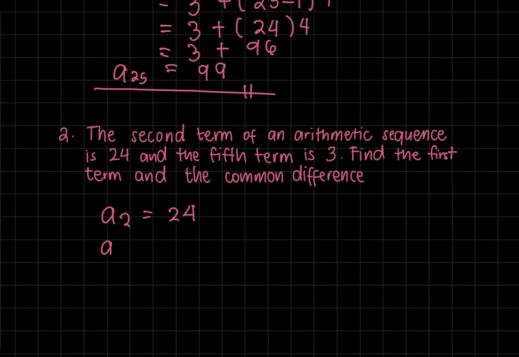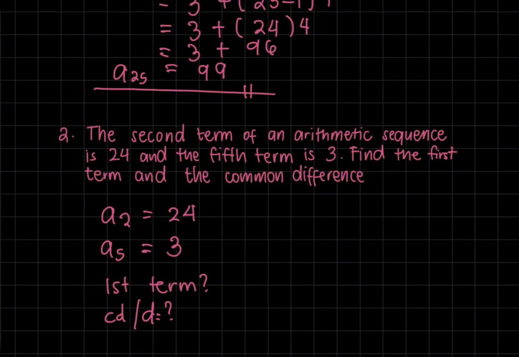So that is a sub 5, that is 3. And the question asks us to find the first term and the common difference. Let's just write it CD or d. So that's what we're going to find.